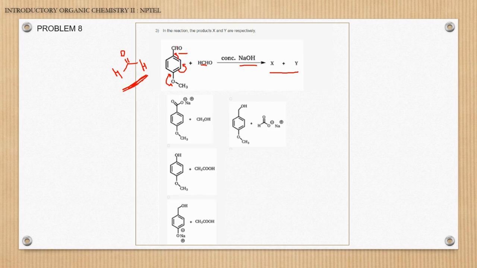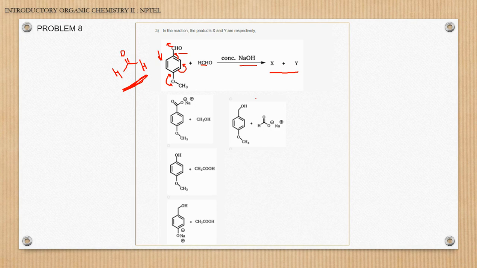Again, it is in conjugation with this aldehyde, so the C-C bond has partial double bond character. That is why, due to the delocalization, it is decreasing the electrophilicity of this carbonyl compound. So formaldehyde is more electrophilic than benzaldehyde. Is it clear now?